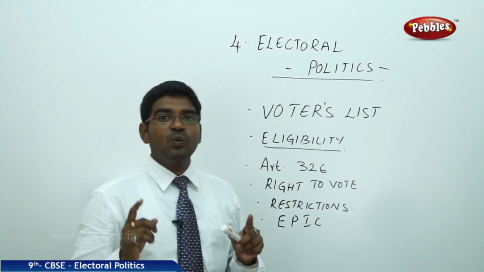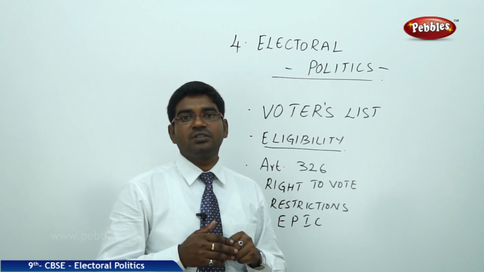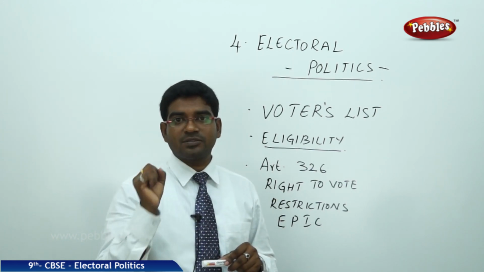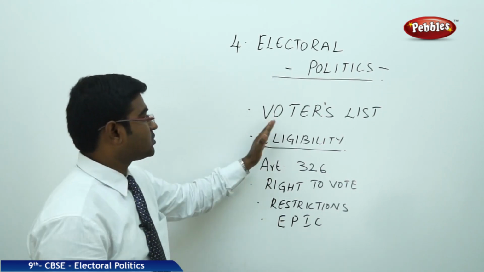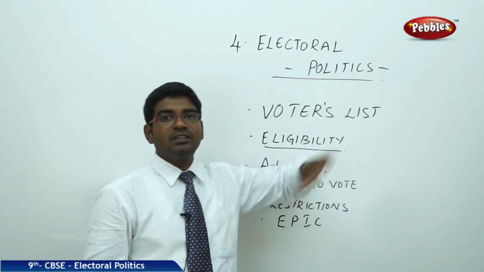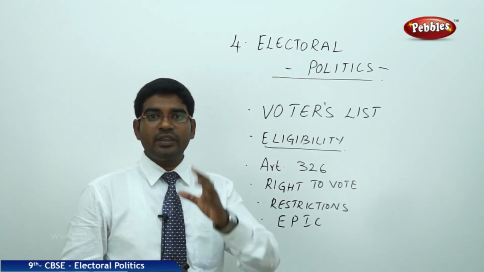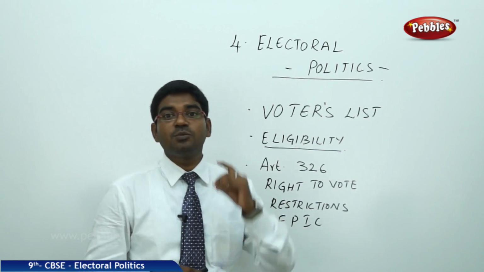The list published by the election commission, of those recognized as voters, is known as the election voters list.